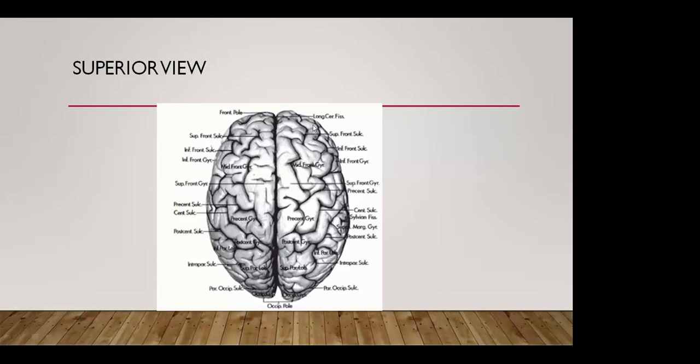Then we have the middle frontal gyrus, which we can trace all the way, and the middle and inferior frontal gyri are separated by the inferior frontal sulcus. Again, revising it: we have 2 sulci and 3 gyri that primarily involve the frontal lobe.